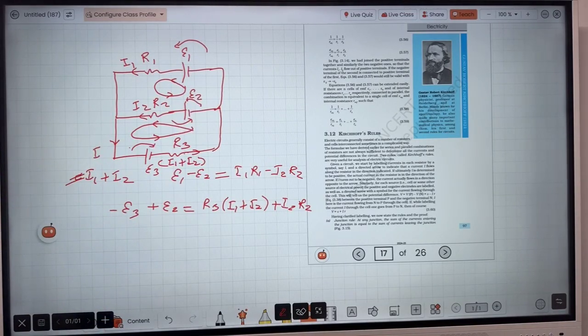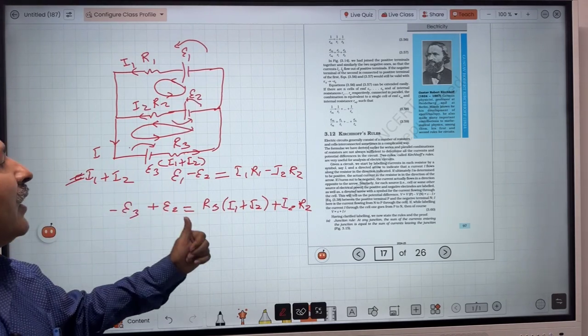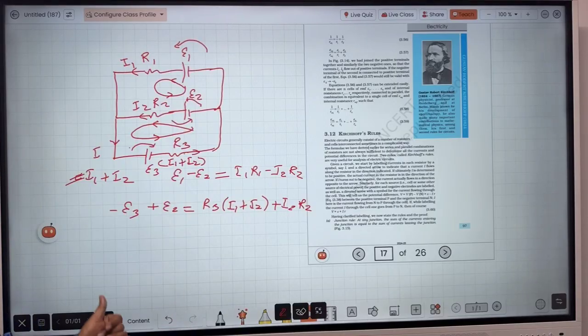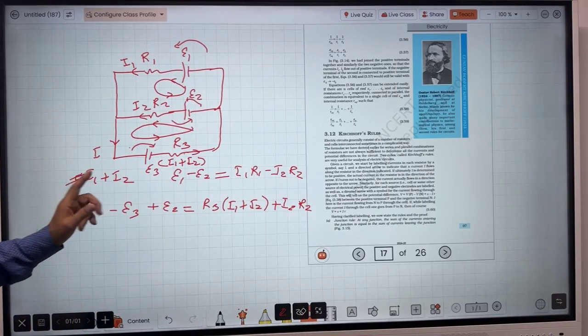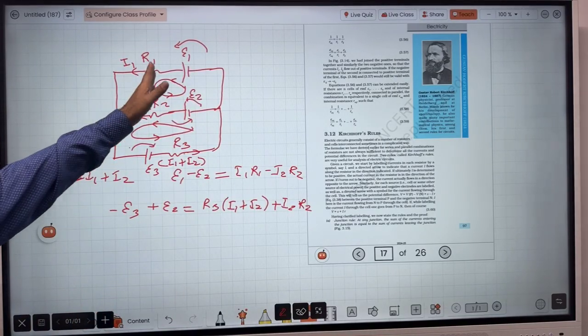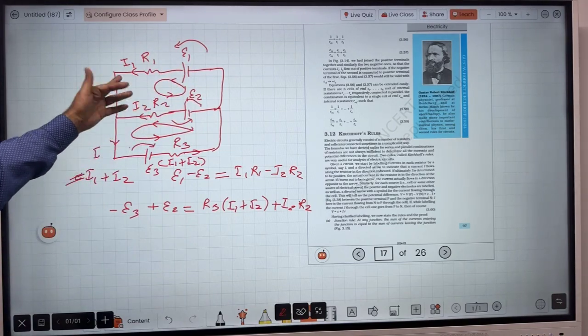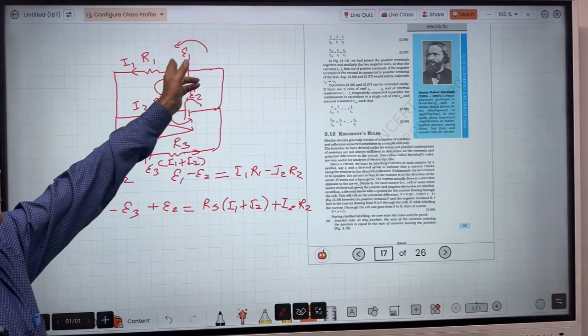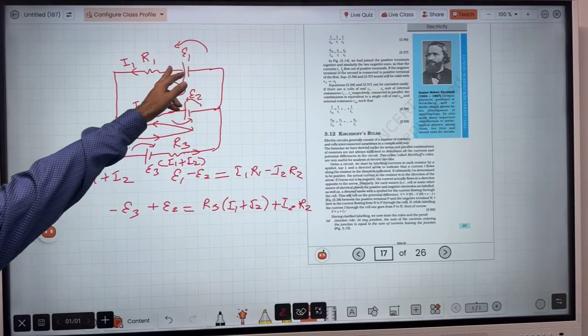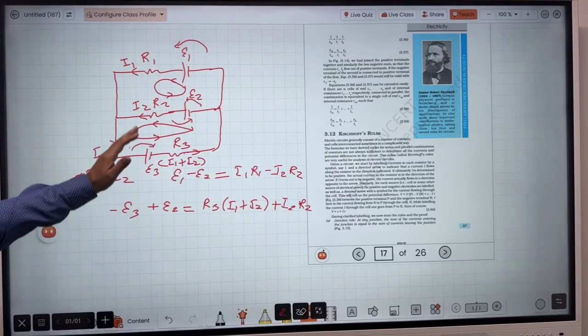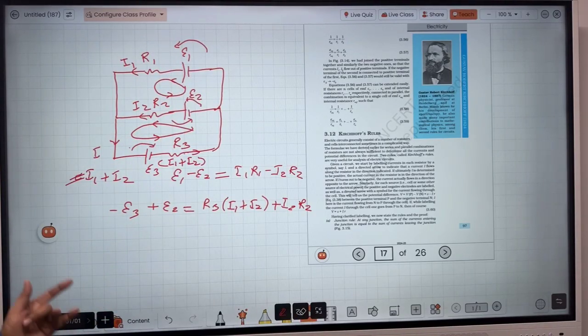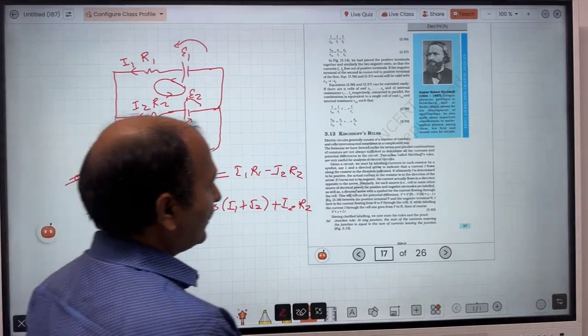In any closed loop, total voltage is equal to the sum of products of I and R in that loop. And the rule to keep in mind is that if you are reaching the second plate, whether it is positive or negative depends on your choice. If you are reaching here, this is positive, so you take it as positive. And if you are moving in the direction of current, IR will be positive. So I think you have understood.